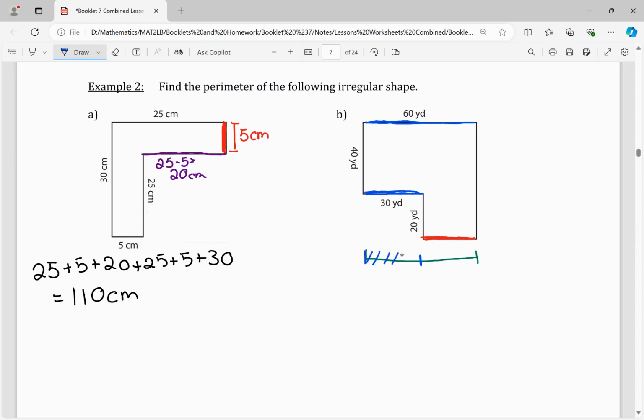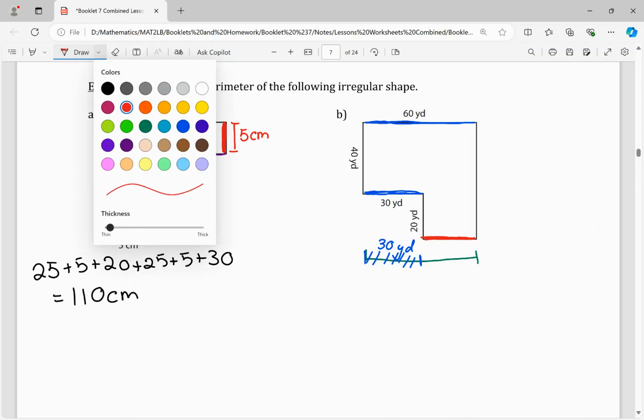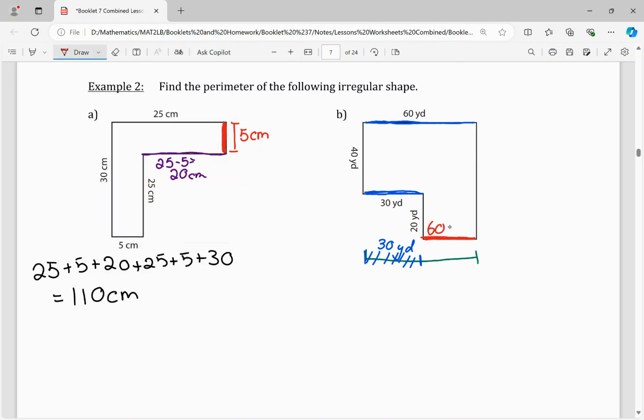And what I don't want is these 30 yards. I know it's 30 yards because it's the same length as the small blue line above. So, in other words, 60 minus 30 gives me the length of this side, which is 30 yards.